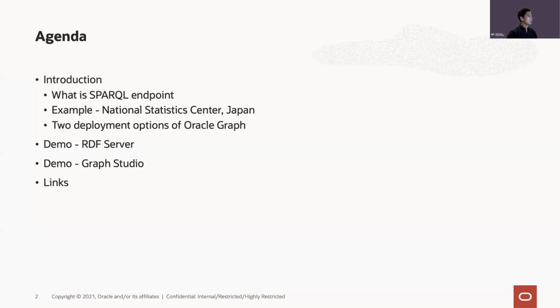So I will talk about that briefly. And two different deployment options of Oracle Graph for using RDF and SPARQL. I will do the first demo for RDF server, and Ramu is going to show the second deployment option of the RDF functionality of Oracle Graph, which is Graph Studio.